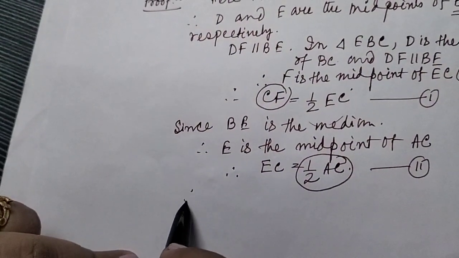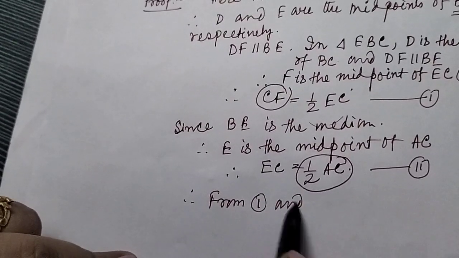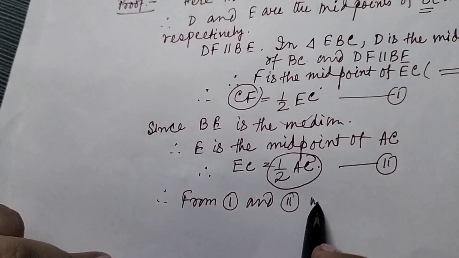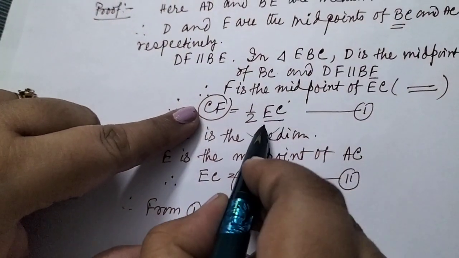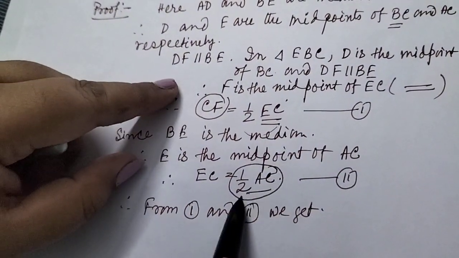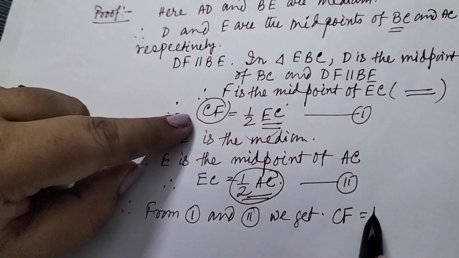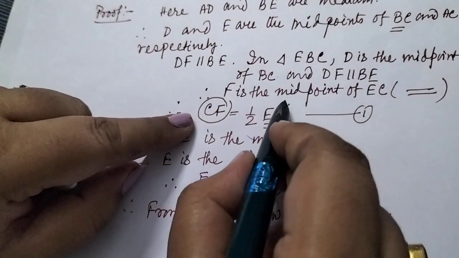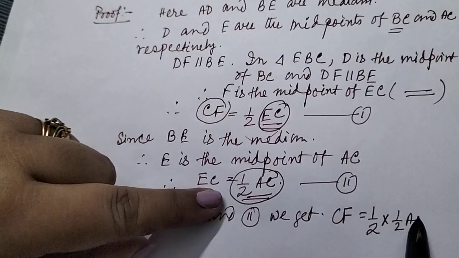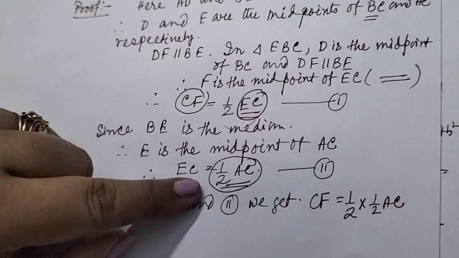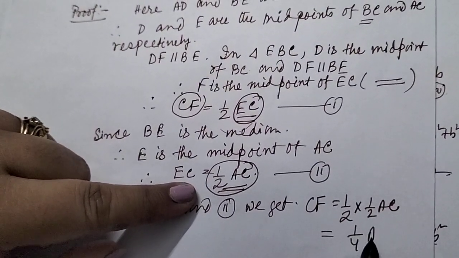So from 1 and 2, in the place of EC, we can write half of AC, isn't it? CF equals half into, just in the place of EC, we will write half of AC. Because we want to get the relation between CF and AC only. This equals 1/4 of AC.